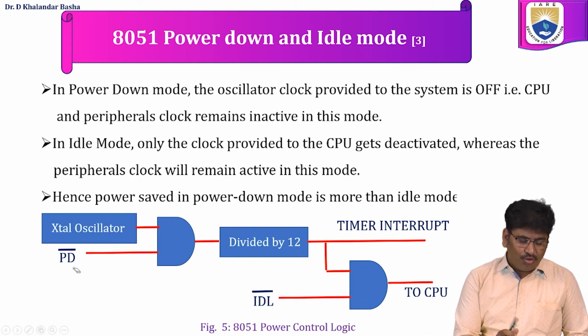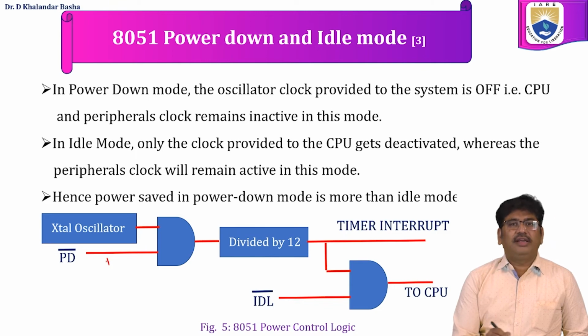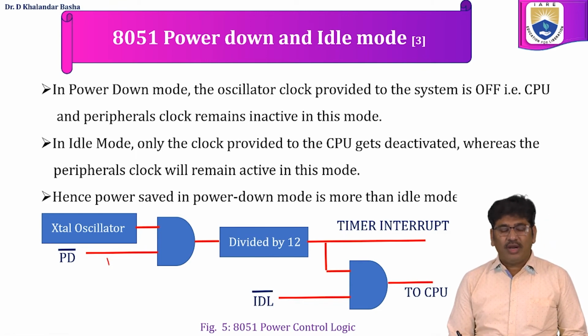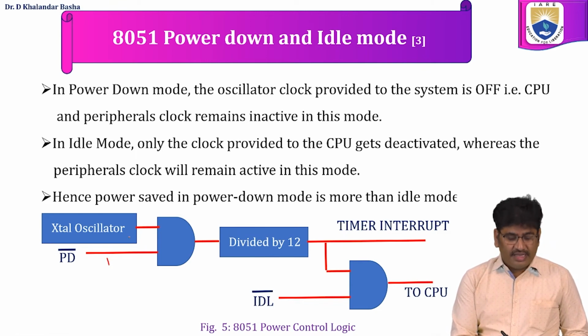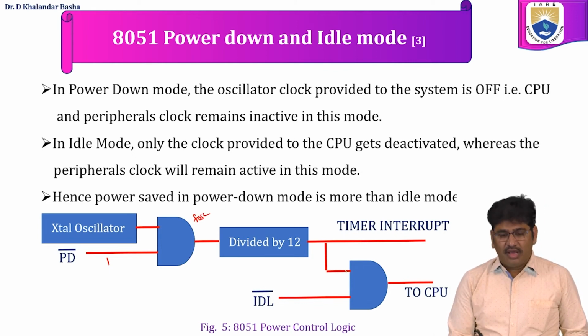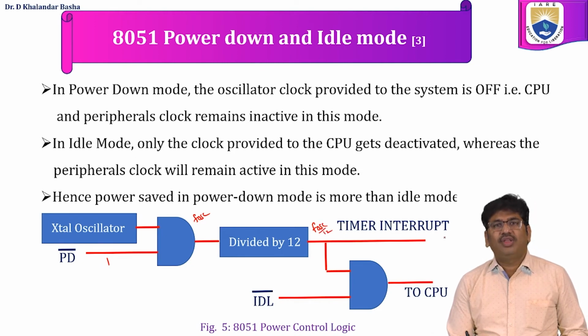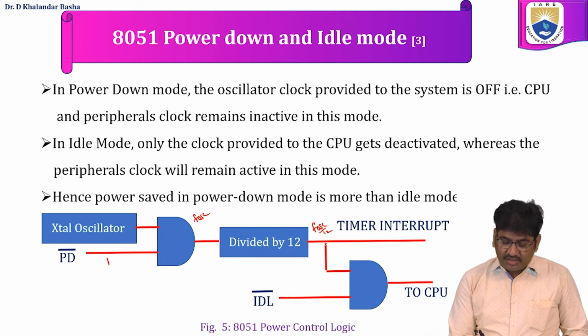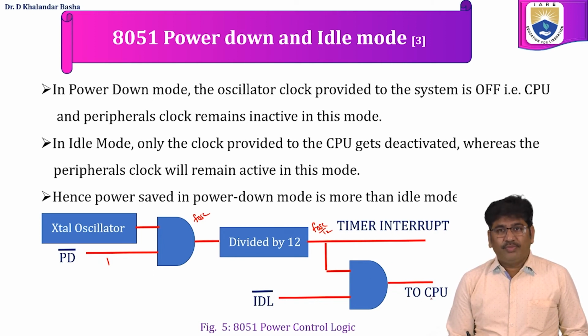Suppose the PD bit is equivalent to 1, that is, power down mode is not active, which indicates PD bar is equivalent to 1. The output of the AND gate is 1, ANDing with the oscillator frequency. Now we are going to get the signal F oscillator, which will be divided by 12. These clock pulses will be transmitted to the timer and interrupt, whereas these clock pulses will be given to the CPU depending upon the idle pin.